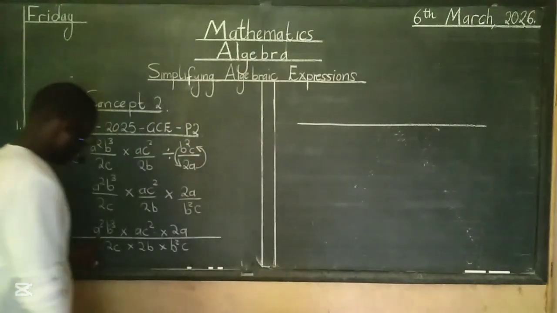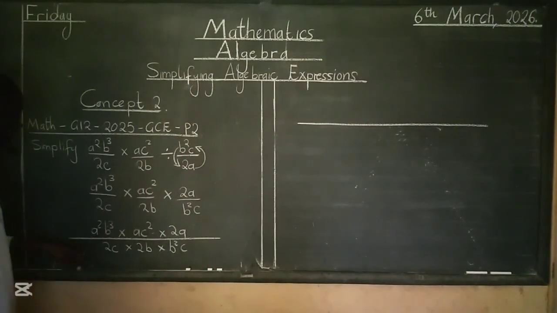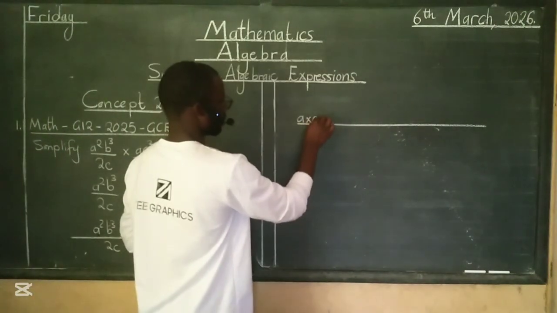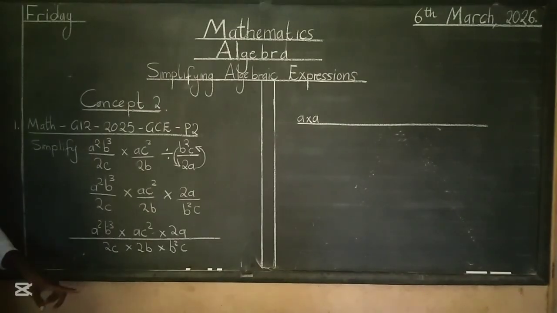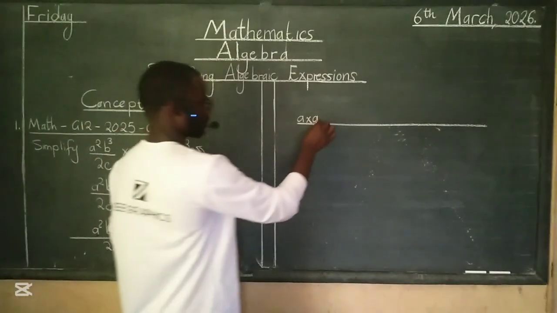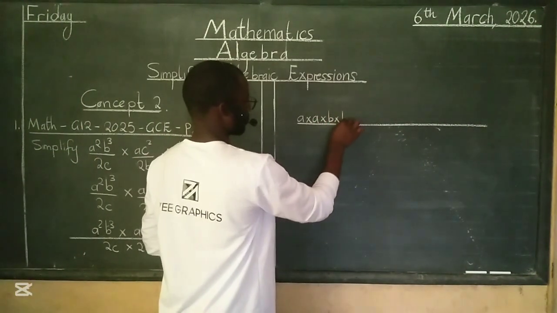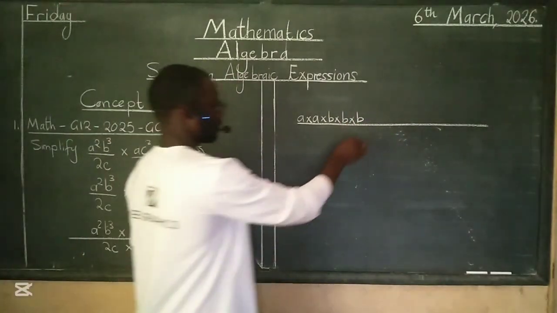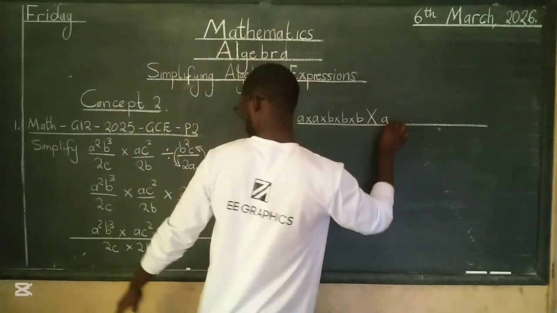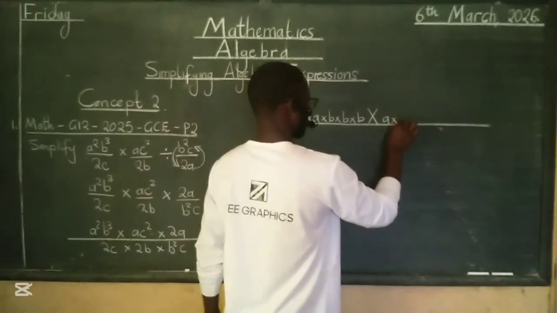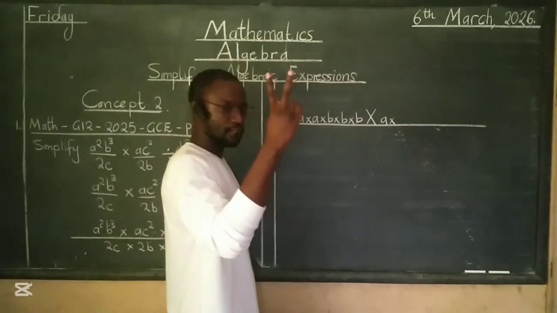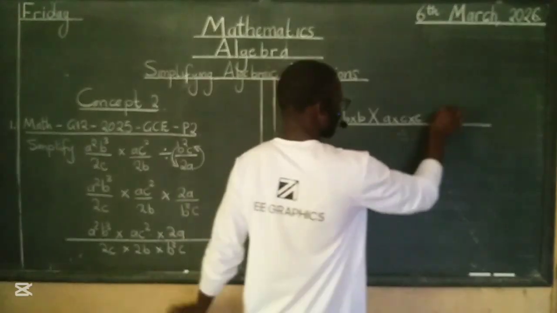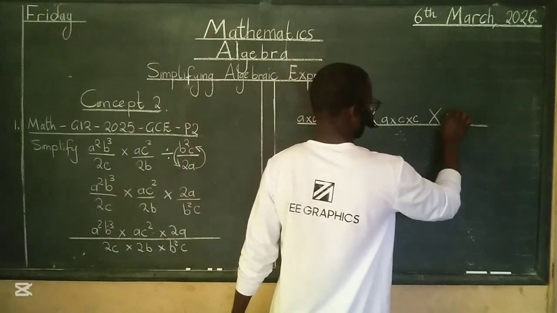So writing it here. A squared means we have how many a's? 2. So this will be a times a. B to the power 3 means we have how many b's? 3. 1, 2, 3. Then multiplied by ac squared times, so this a is 1 times c squared means we have how many c's? 2. So this will be c times c, then times 2a.